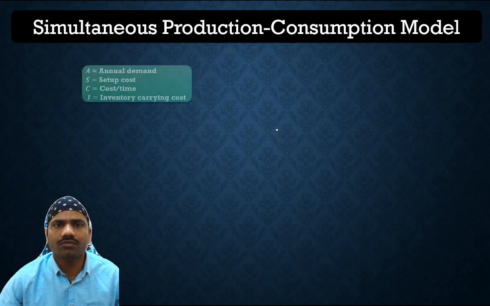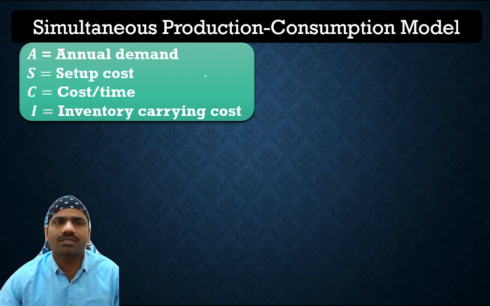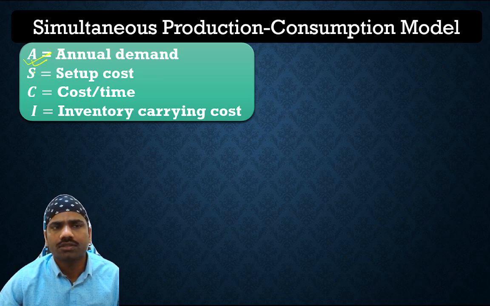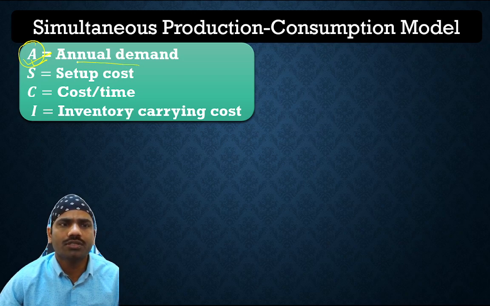In this model we have some variables. A is the annual demand, the quantity required annually, and S is the setup cost, the cost for producing one item.